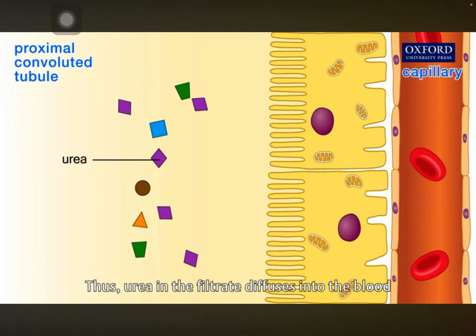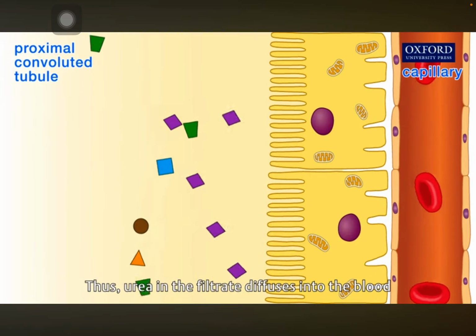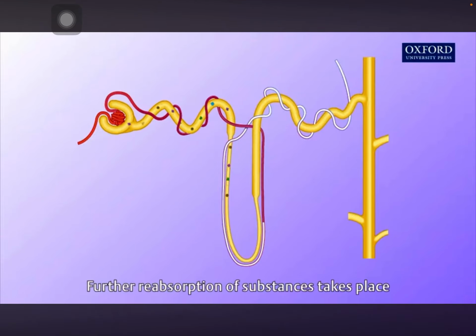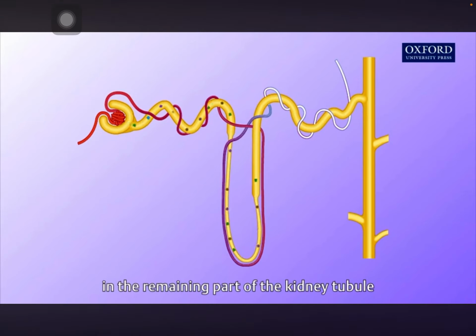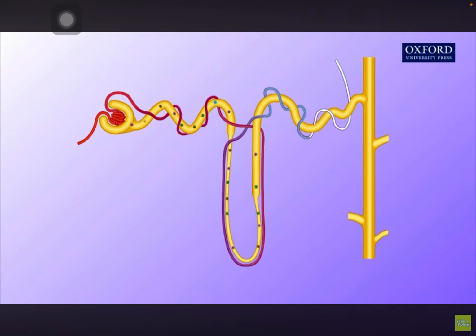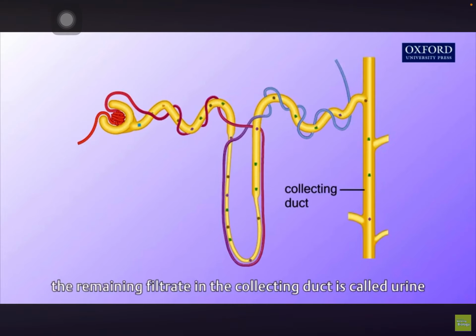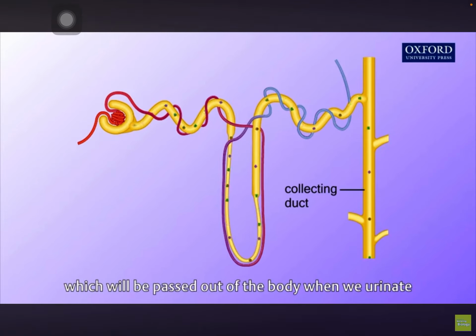Thus, urea in the filtrate diffuses into the blood. Further reabsorption of substances takes place in the remaining part of the kidney tubule. After reabsorption, the remaining filtrate in the collecting duct is called urine, which will be passed out of the body when we urinate.